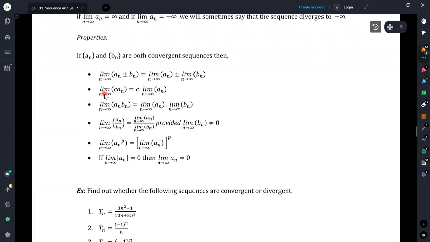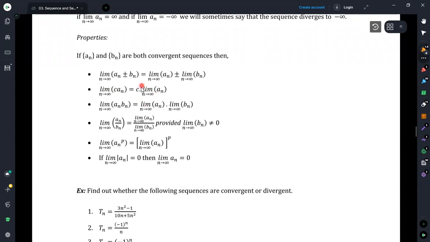Here we can see that we have c times an, which means that the existing sequence is multiplied with an integer c. If you take the limit of this new sequence as n goes to infinity, it can be considered as c, the integer, times the limit of the sequence as n goes to infinity.